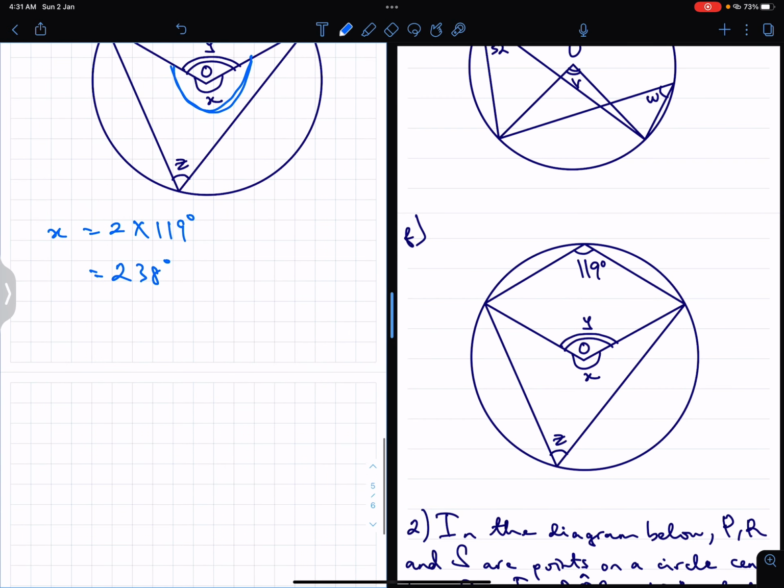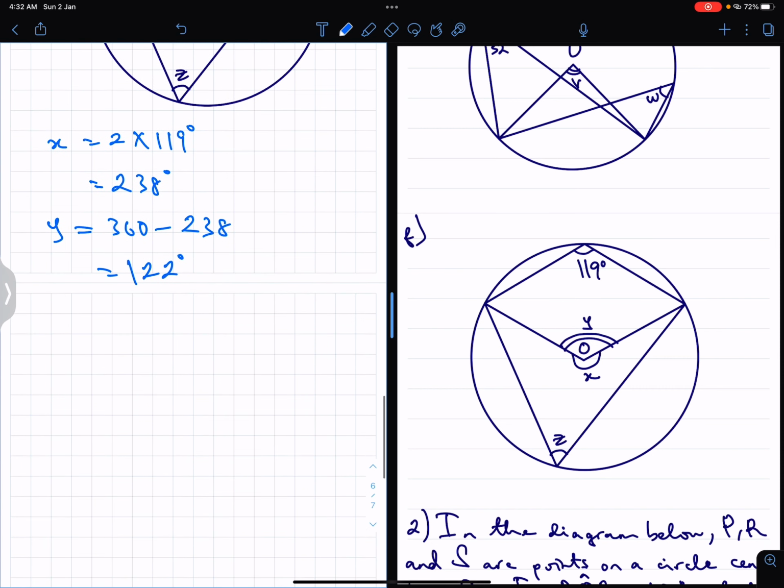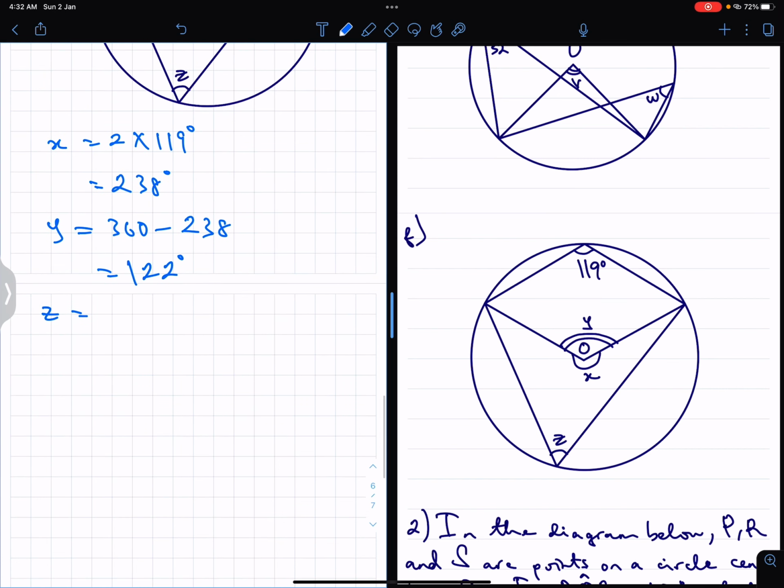Now y is equal to 360 minus x, which simply means 360 minus 238 degrees. And the reason for that is that the sum of angles at a point is 360 degrees, and that's 122 degrees. Now to z, we know that y is 2z. That simply means angle z is y over 2, which will be 122 divided by 2, and that's 61 degrees.